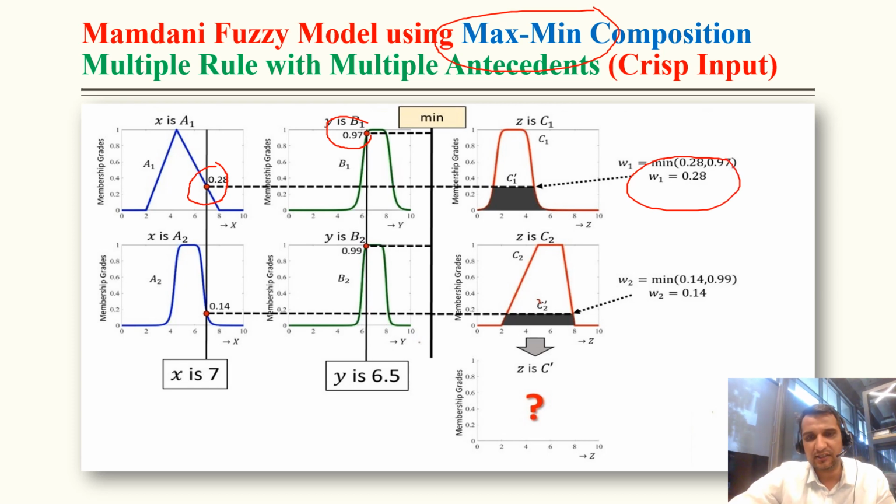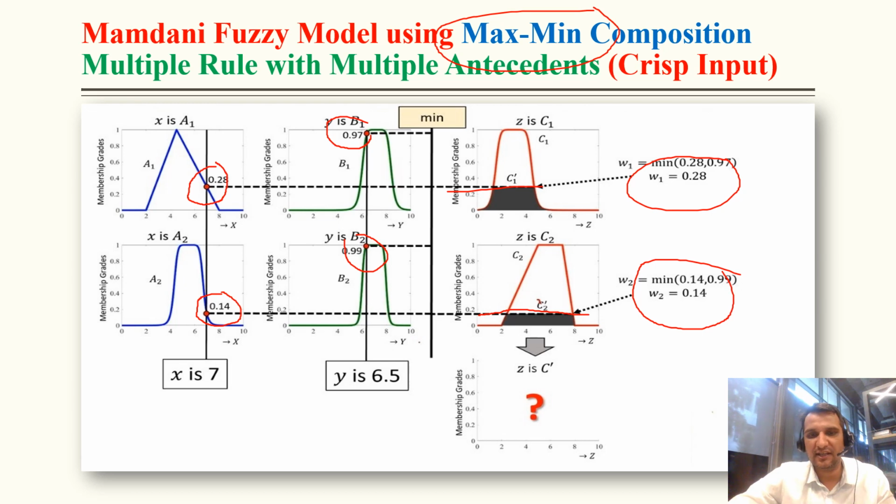So we are going to slice at this level. Here degree of compatibility is 0.14, here 0.99. So the minimum value is equal to 0.14. So we have to consider 0.14, and we are going to slice this. After that we are going to aggregate both these values, and we have to take the maximum, right?